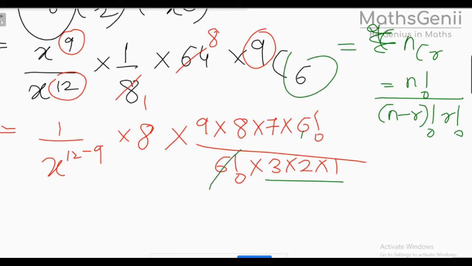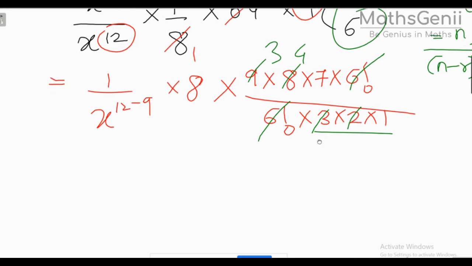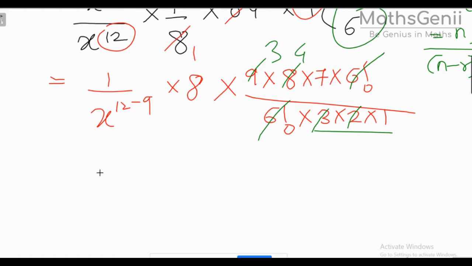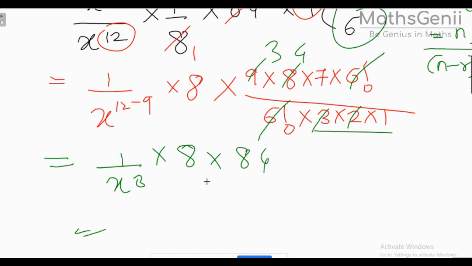So 6 factorial gets cancelled. 3 ones are 3, 3 threes are 9, 2 ones are 2, 2 fours are 8. So you have 12 into 7 into 8, and this you have x cube. So you have 12 sevens are 84, and then you have 672 upon x cube as your answer.